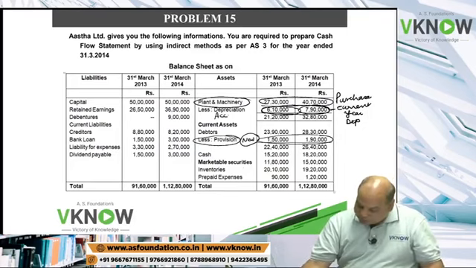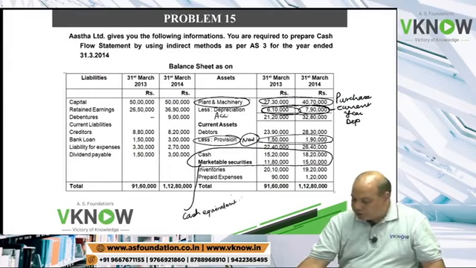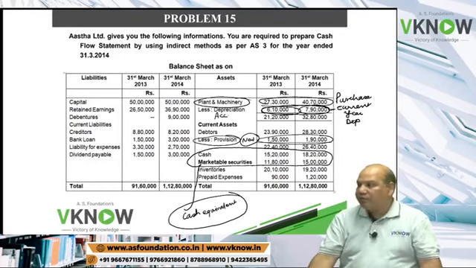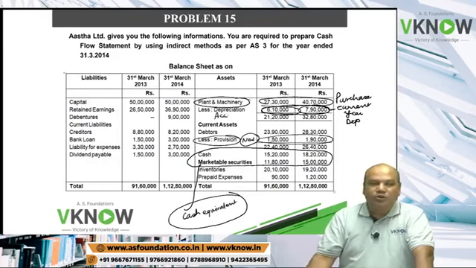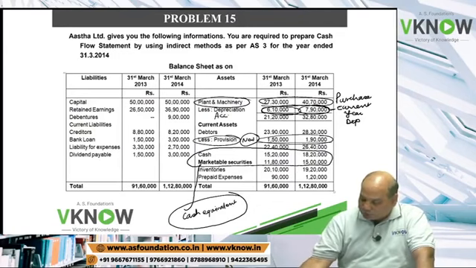Next item is cash and marketable security. Treat marketable security as cash equivalent. Write a note at the end of the answer that marketable securities are treated as cash equivalent. So while writing cash and cash equivalent, you add these two points.